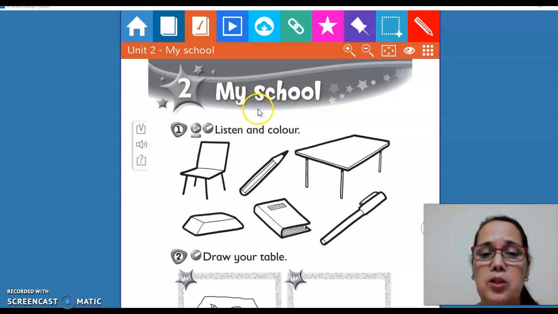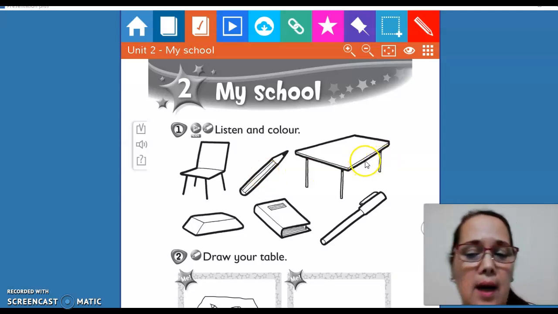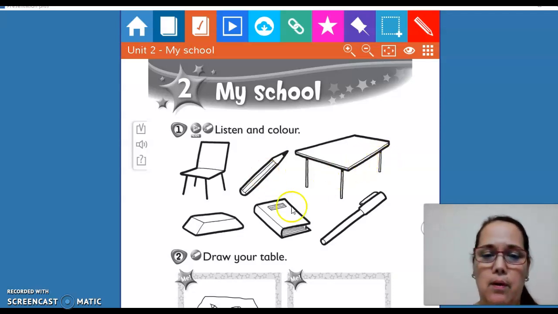Activity book, page 10. For this activity, you need your colors, okay? You are going to listen and color. But first, let's practice the vocabulary words. What's this? Chair. It's a chair. It's a pencil. Very good. It's a table.